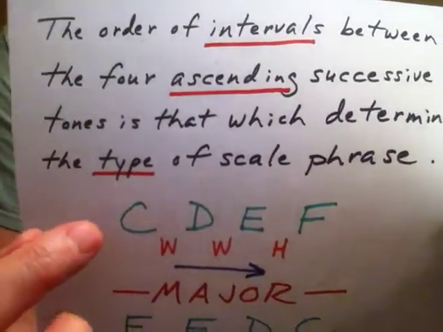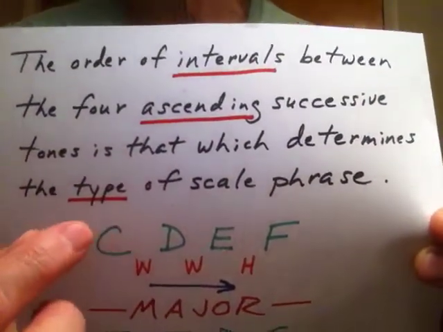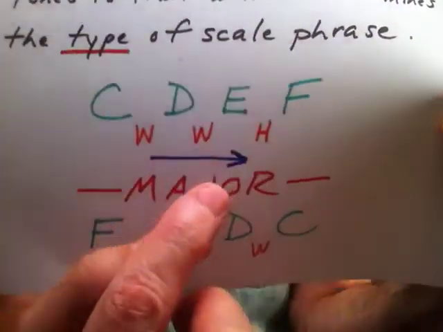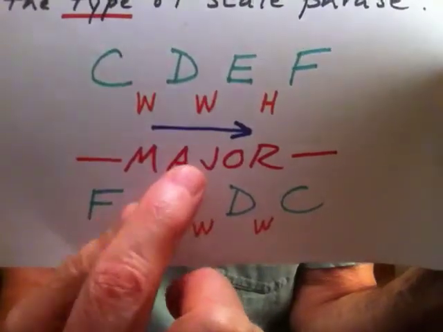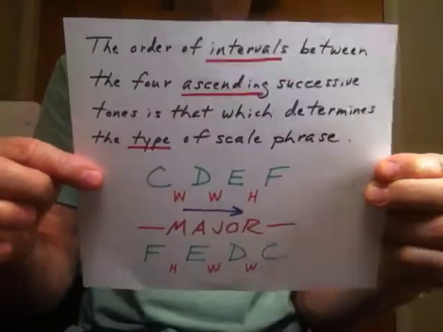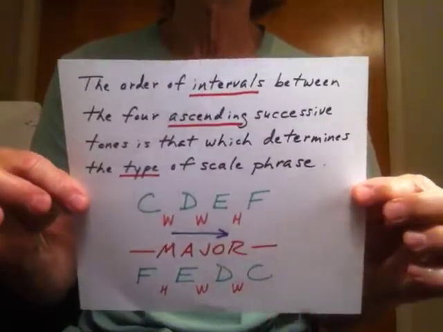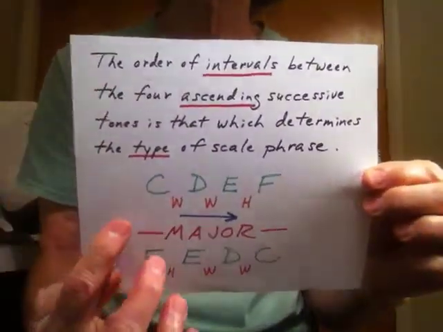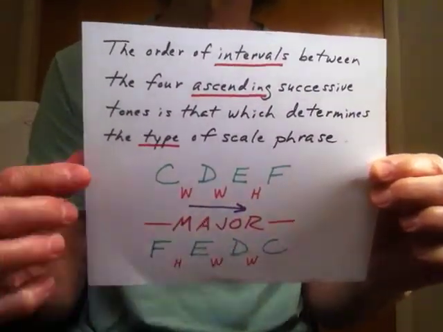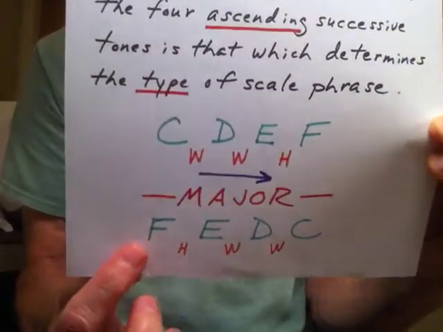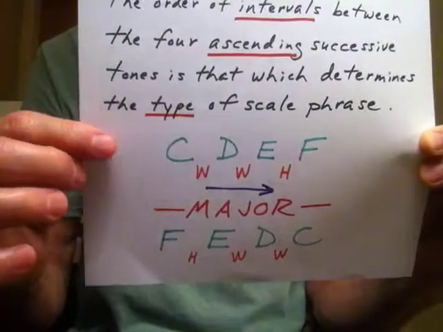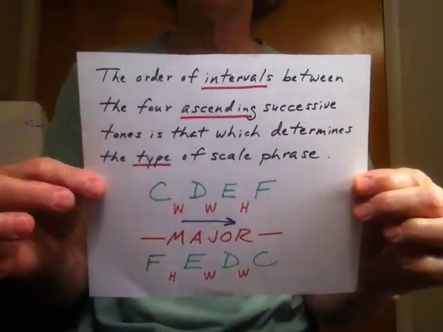It's the order of intervals between the tones in your ascending version of the scale phrase that determines the type, the name we use to identify that scale phrase. It's the ascending order of intervals which determines the type. That's how you get your name. Even if those notes are written backwards, in your mind you're going to know it's still a major scale phrase, and that's just one example.